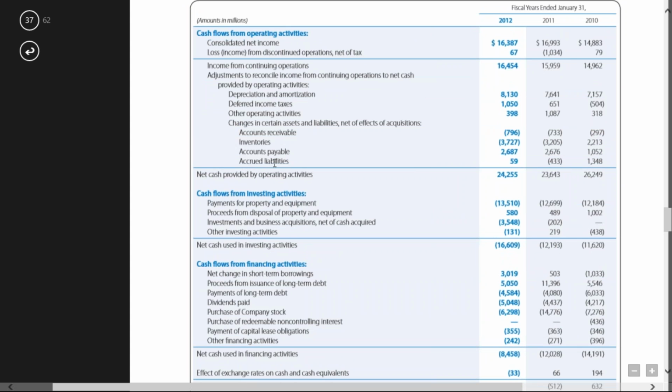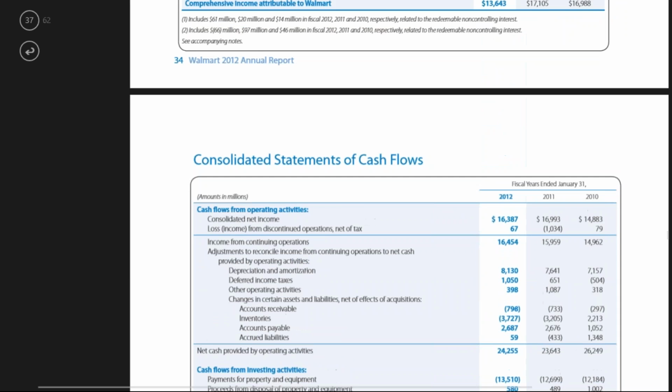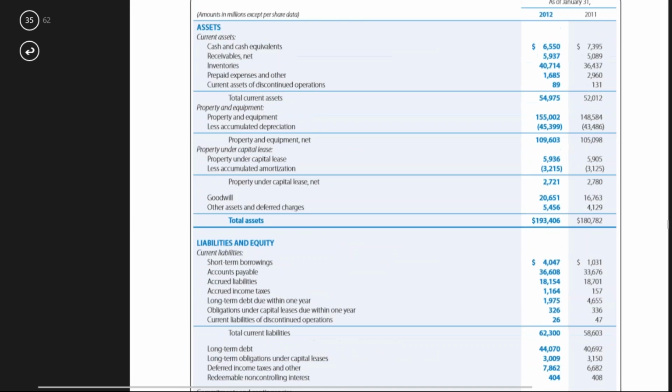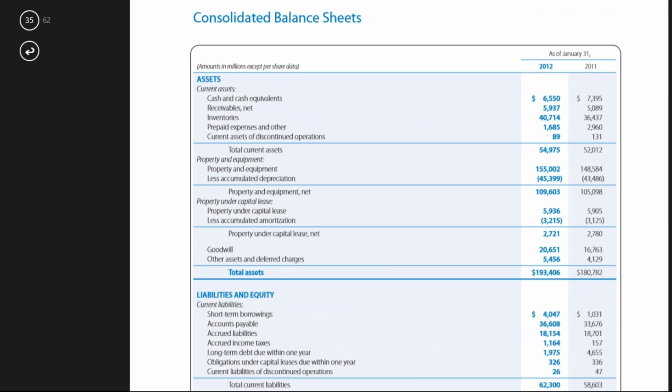This will never match. We'll talk about the cash flow statement in a second. There's a reason for that. I believe that going straight to the balance sheet is more accurate. These are balance sheet line items first. The reasons why they don't match are that they're either consolidating or laying them out a little bit differently. But if you want to get to the source, it's the balance sheet, because we're identifying balance sheet line items.